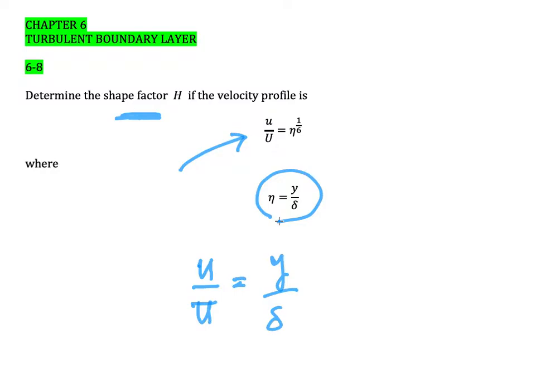That's why in some boundary layer solutions, they will write the velocity profile as eta with the power of something like this. It depends on you whether you want to solve a turbulent boundary layer in terms of eta or in terms of y and delta. Both will give you a correct answer.